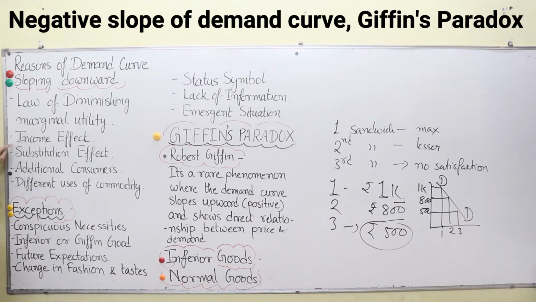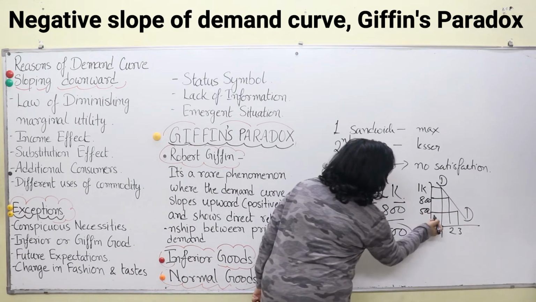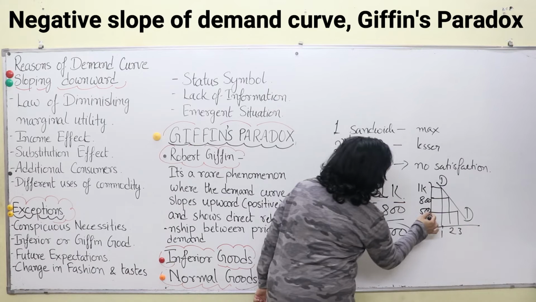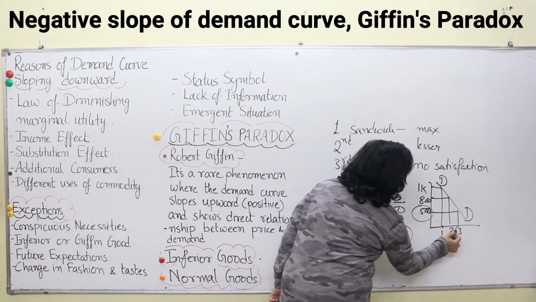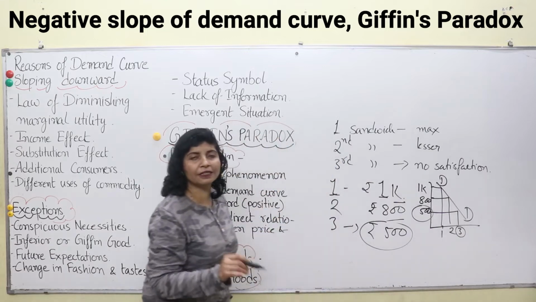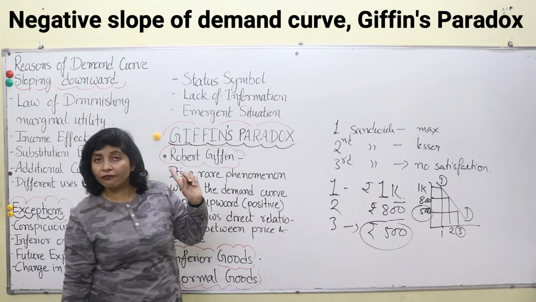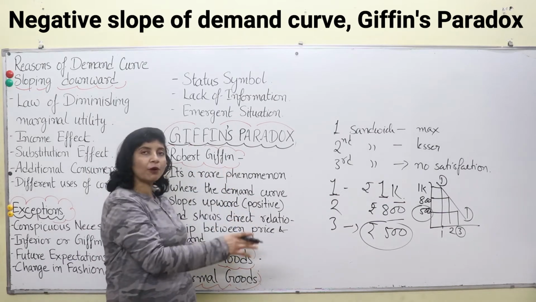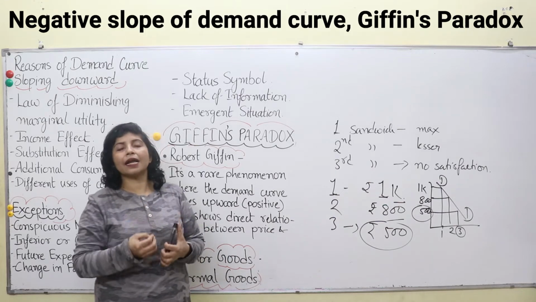Second point here, income effect. When the price of any commodity decreases, take for example the price of this bottle. If the third bottle is costing me only 500 rupees, whereas the first bottle was 1000 rupees, that means I am gaining extra income of 500 rupees.